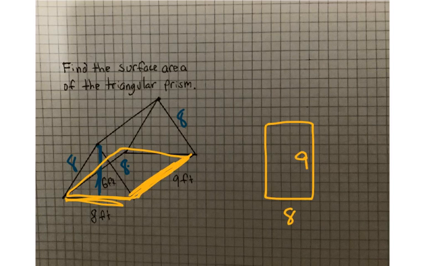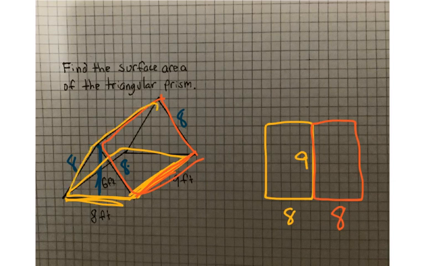This 9, this piece right here, is this side, and my other piece is the same, because this is also a 9 by 8. And then, of course, hard to see on here, but we have one on the back side. This is 9.